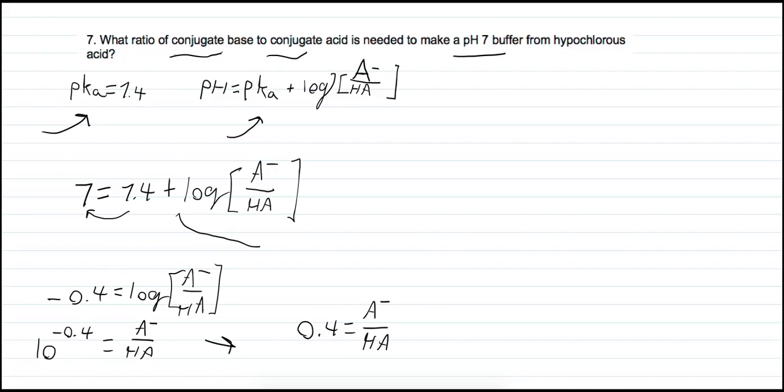Now we're asked what ratio is needed. So here you can use the rule of anything divided by 1 is itself. So 0.4 divided by 1 equals 0.4. So using this, we know that our A minus, our base, is going to have a concentration of 0.4 molarity, and our acid, HA, is going to have a concentration of 1 molarity.